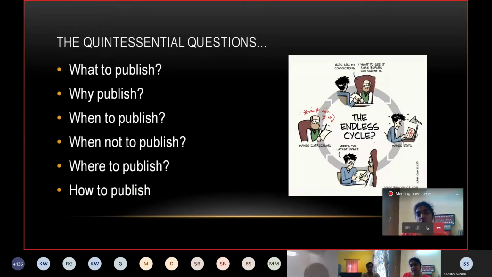Why to publish is basically to say to the scientific world that you have well verified scientific information which you intend to share with the larger part of the scientific world and validate your work, and also to add to the domain of knowledge in that particular area.